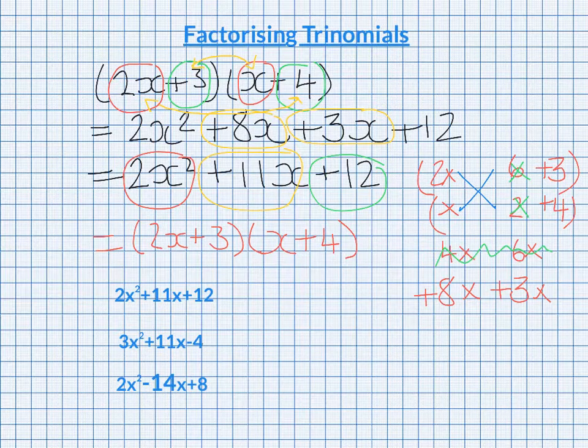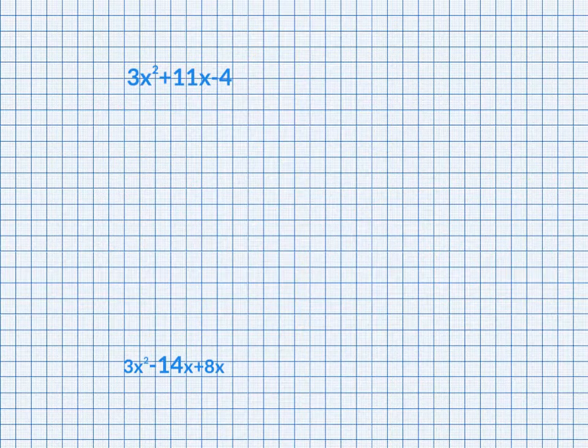Let's do the next example. Okay, so I have 3x squared plus 11x minus 4. Now I'm going to do my cross, and on the left hand side I'm going to take factors of 3x squared. Again, it's prime, so it has to be 3x times x.